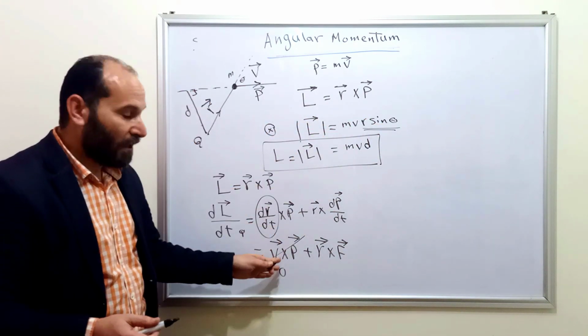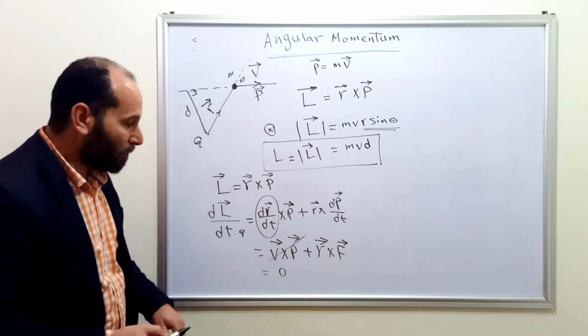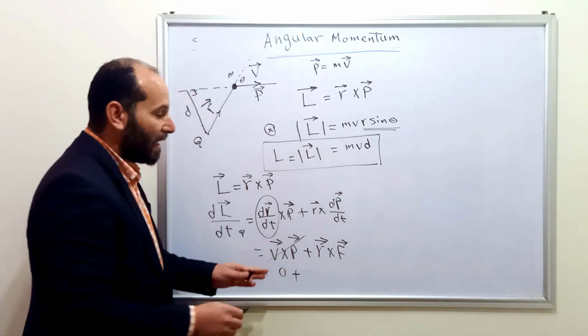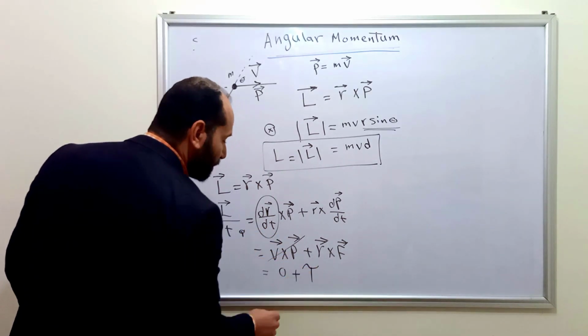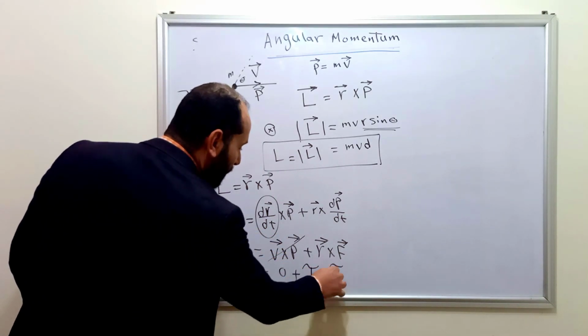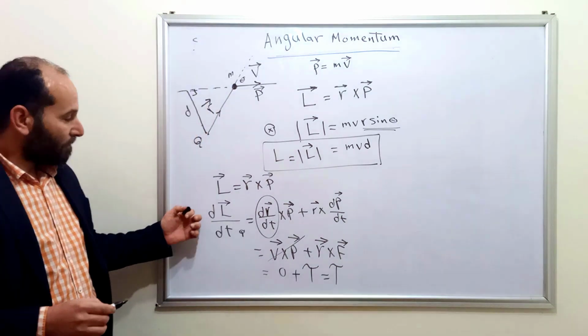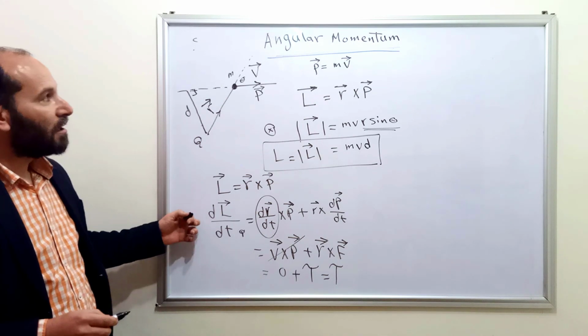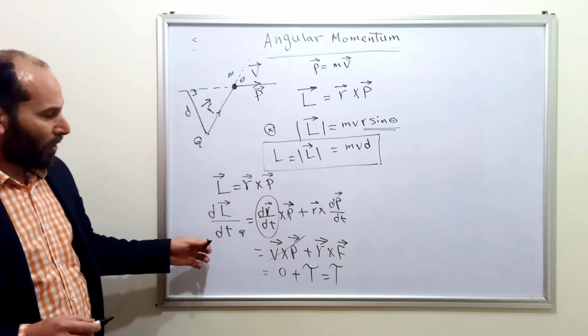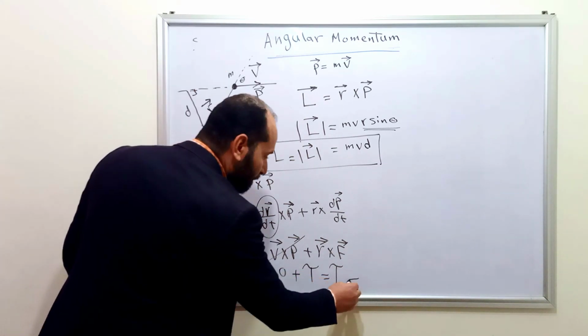So V cross P equals 0, plus, as we did before, R cross F equals tau. So the rate of change of the angular momentum with respect to time equals tau.